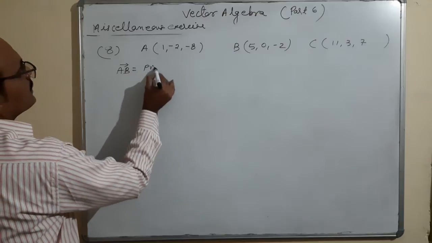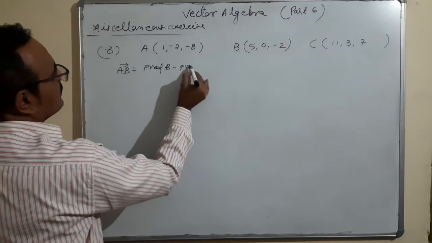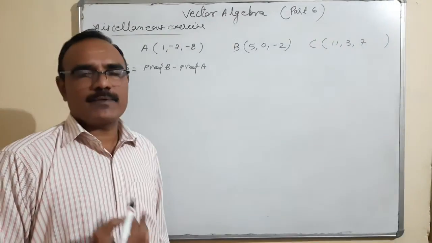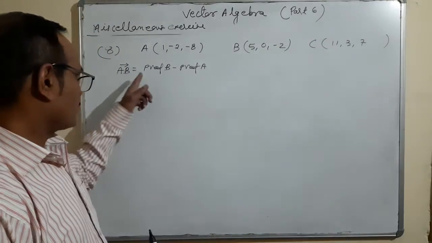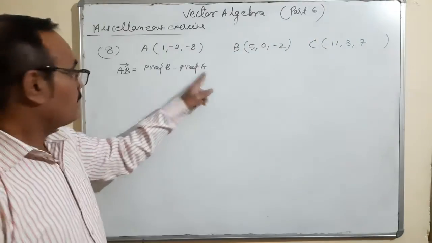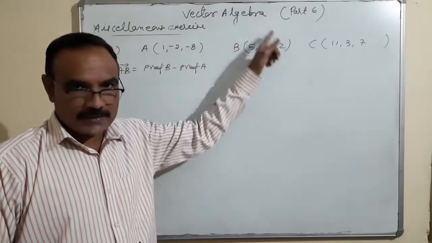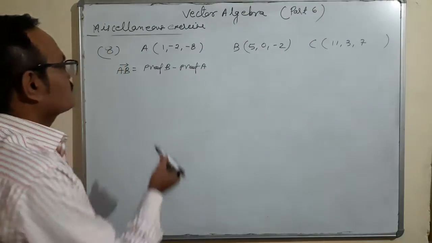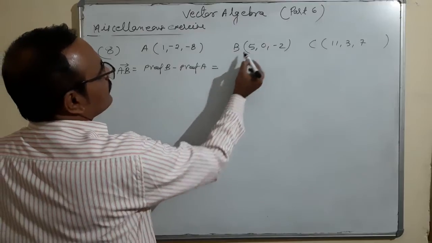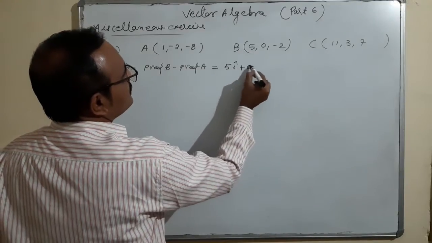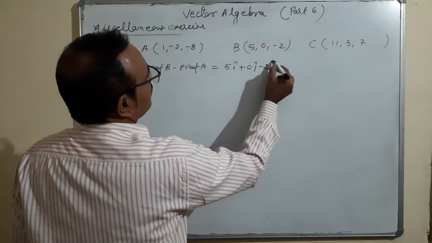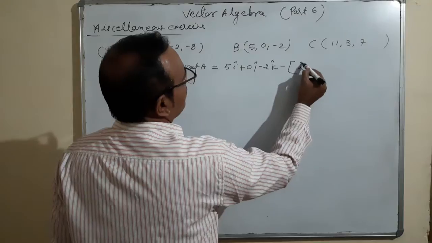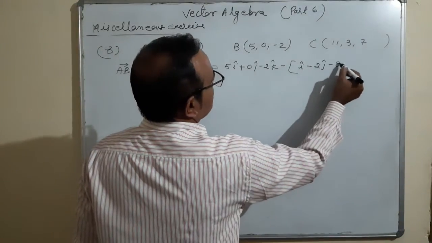Vector AB is the position vector of B minus the position vector of A. Always remember this whenever we are finding vector AB and the points are given: position vector of B minus position vector of A. Position vector of B is 5i plus 0j minus 2k, minus position vector of A, which is i minus 2j minus 8k.